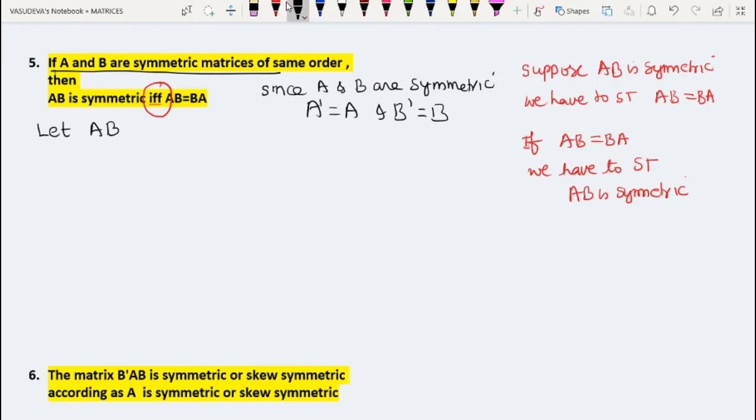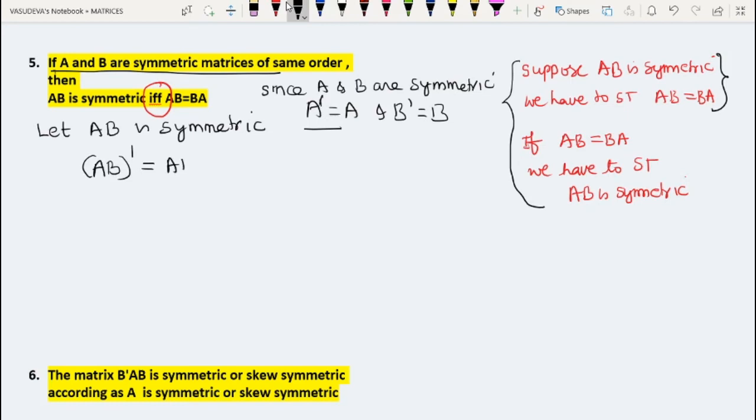So now let's show this concept. First let us take this: if AB is symmetric, then we have to show that AB is equal to BA. Let AB be symmetric. Now A is symmetric, so A dash is equal to A, and AB is symmetric, so AB whole dash is equal to AB. It is given. Now what do we have to show? We have to show AB equals BA.